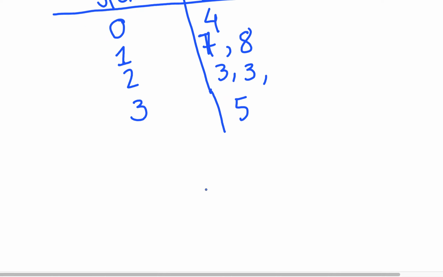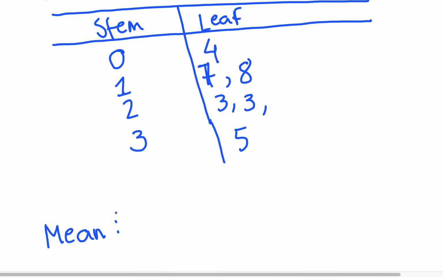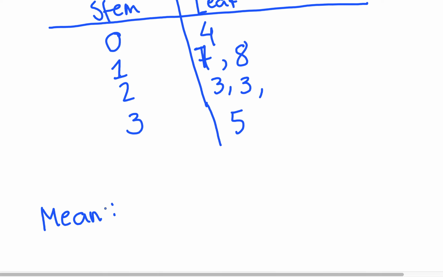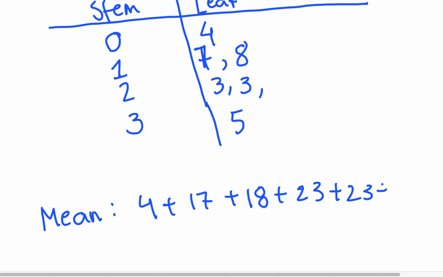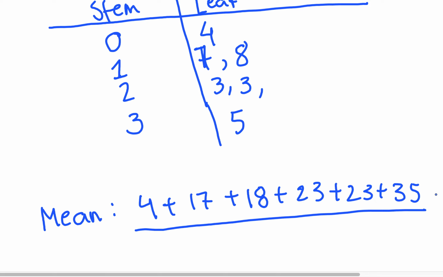So now let's say I want to know what's the mean. How am I going to find the mean? First you have to add up the 4, 17, 18, 23, 23, and 35. So how much is it? Add them up and then tell me what it is.